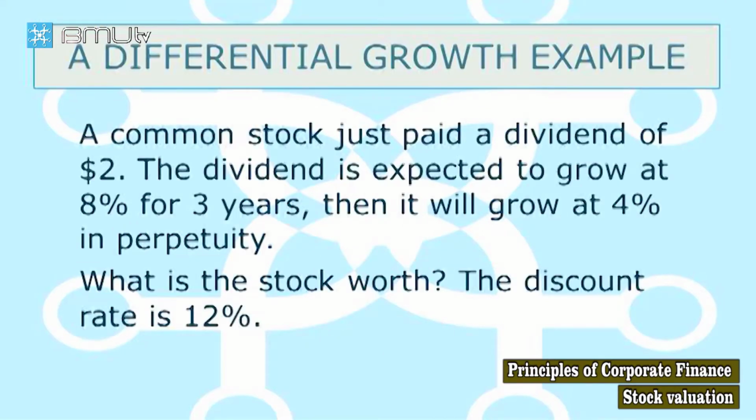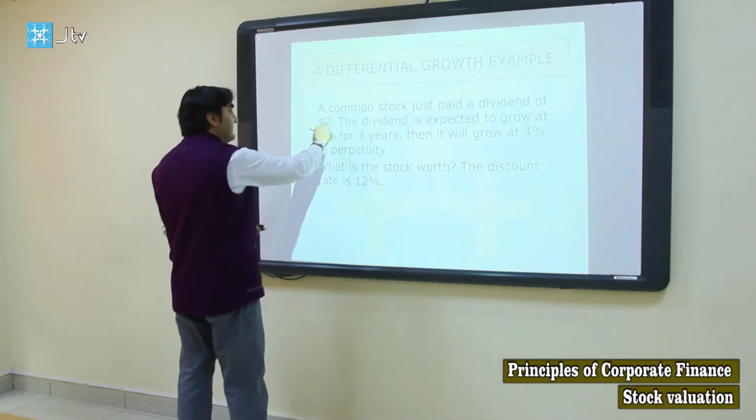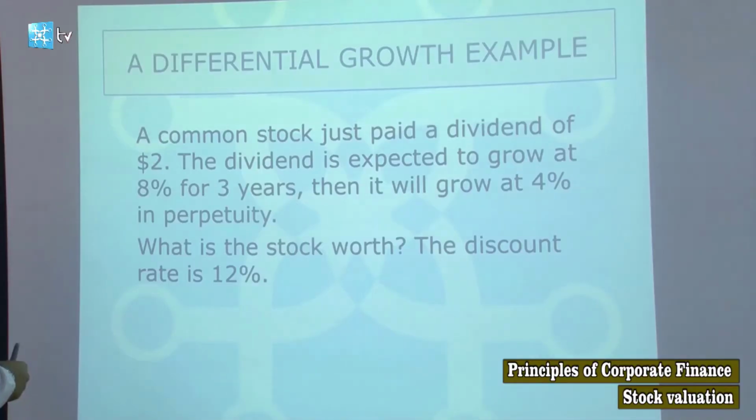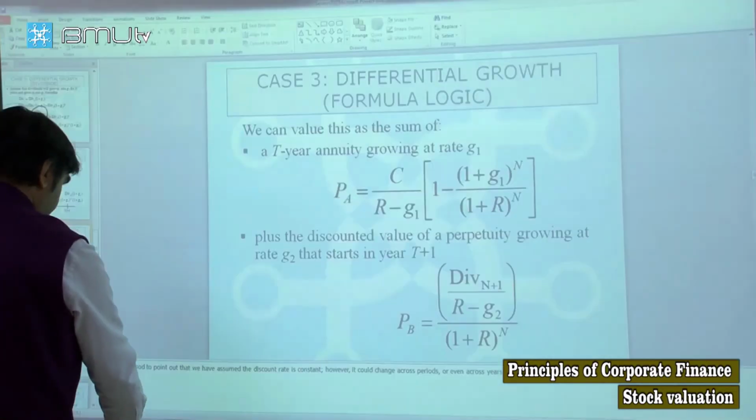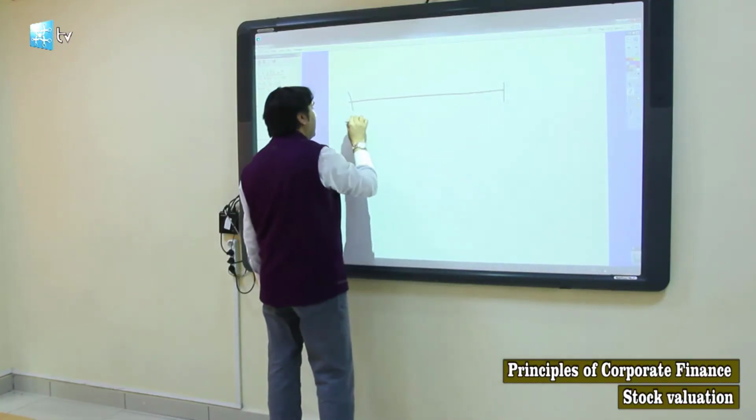We have an example here. A common stock just paid a dividend of $2. The dividend is expected to grow at 8% for 3 years, then it will grow at 4% in perpetuity. What's the stock worth? The discount rate is 12%. So just paid means this is D0, and for 3 years, then it will grow at 4% in perpetuity. The best way is to draw a timeline.